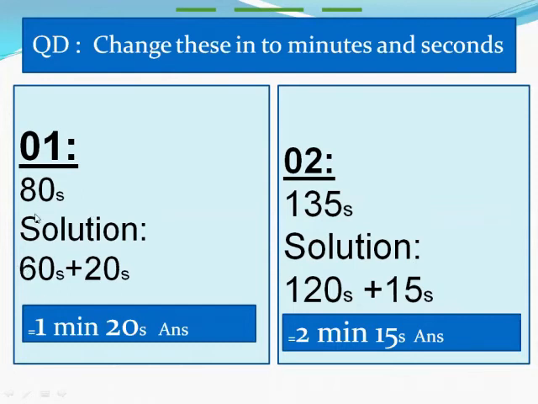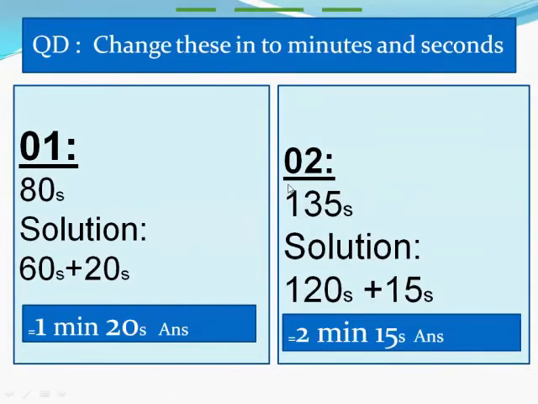So the breakup of 80 seconds is 60 seconds plus 20 seconds. And this 60 seconds is changed into 1 minute. 60 seconds is equal to 1 minute plus 20 seconds. So we change our 80 seconds into minutes and seconds: 80 seconds is equal to 1 minute and 20 seconds.